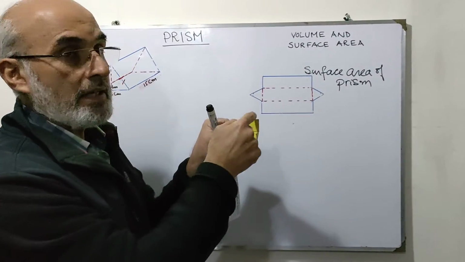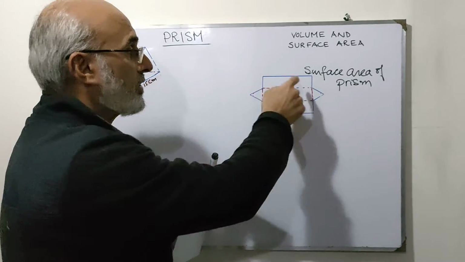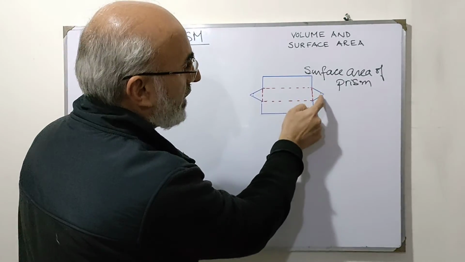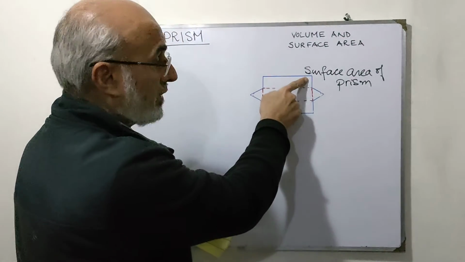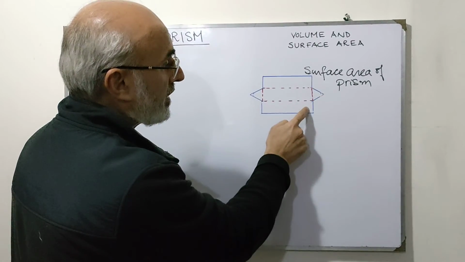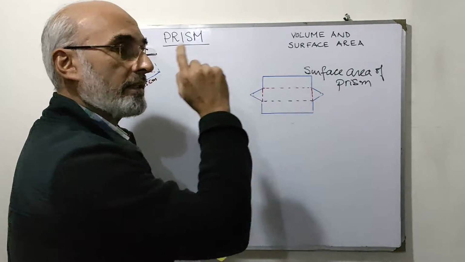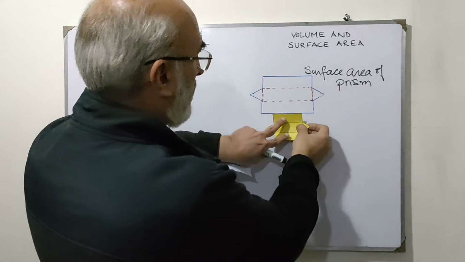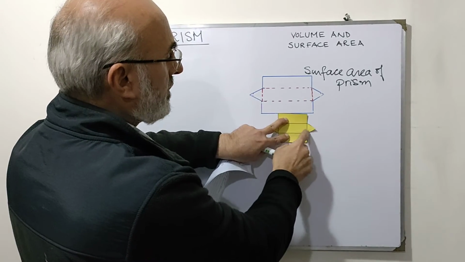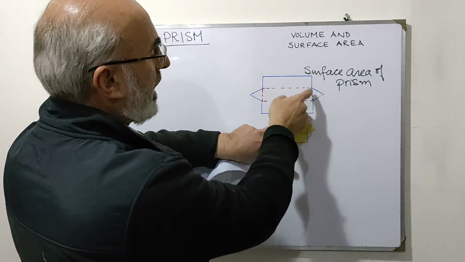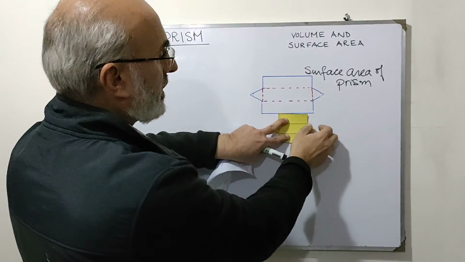It was giving me the breadth for each rectangle. So see, 5, 5 and 6. This rectangle gets 5, this rectangle gets 5, and this rectangle gets 6. So the perimeter was 5, 5, 6, and these are 3 rectangles.